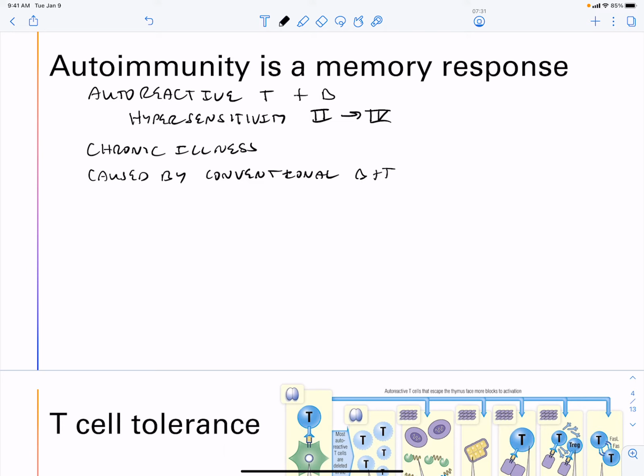Now, autoimmunity does require T cell help. How this is known is because autoreactive T cells transferred from one animal to another will actually induce the disease. T cells that overcome tolerance can induce autoimmunity.